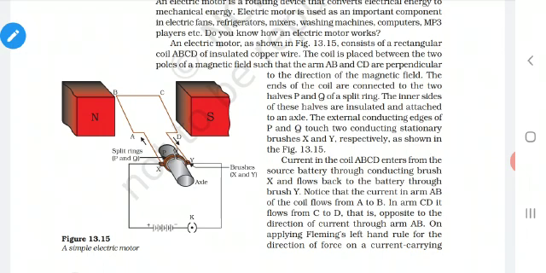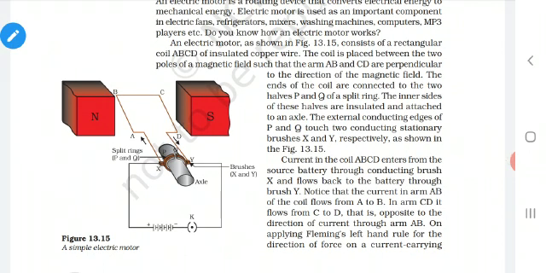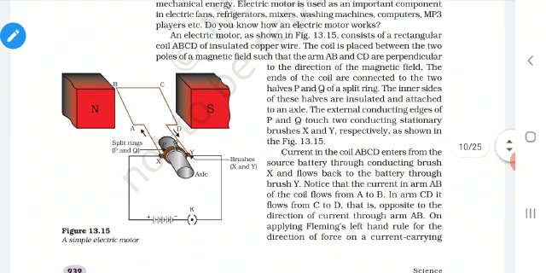So what does it mean? When the conductor is placed in a magnetic field and when the current is switched on, it experiences a force in a particular direction, either backwards or forwards. So that is a linear motion, isn't it? The force is a linear force.